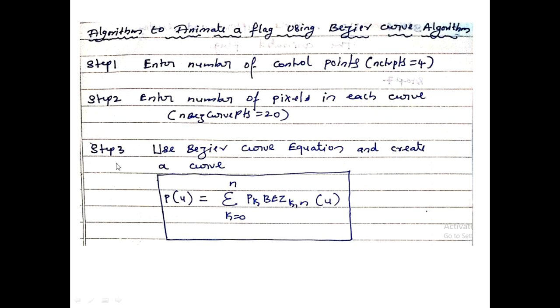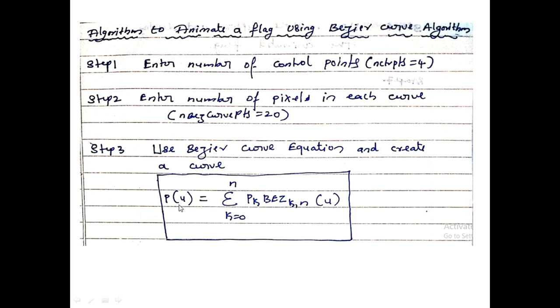Step 3 says to use the Bezier curve equation and generate a Bezier curve. Whenever we want to generate a Bezier curve, we are supposed to use the Bezier curve equation.